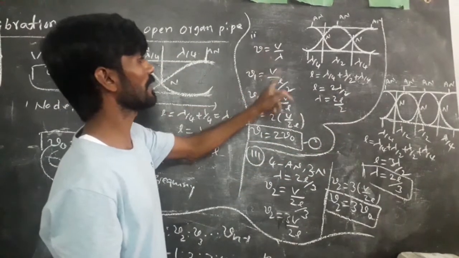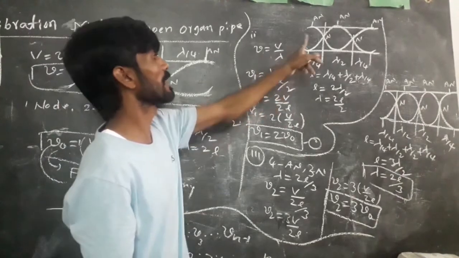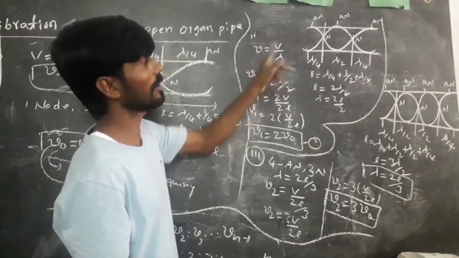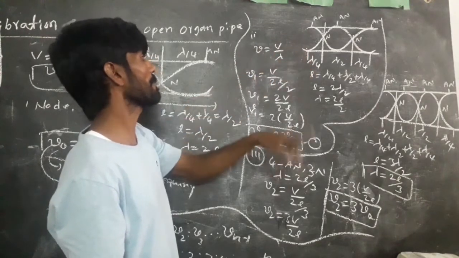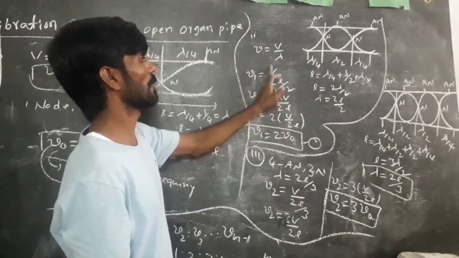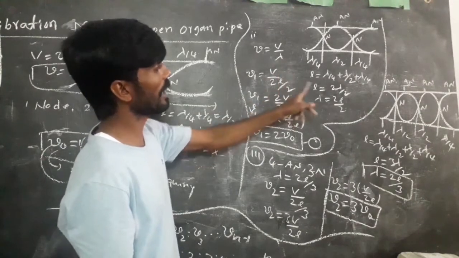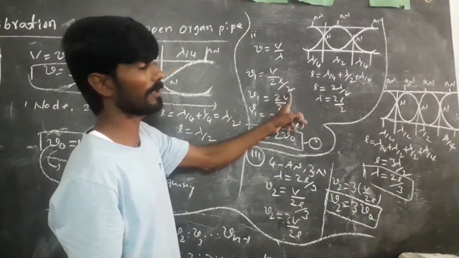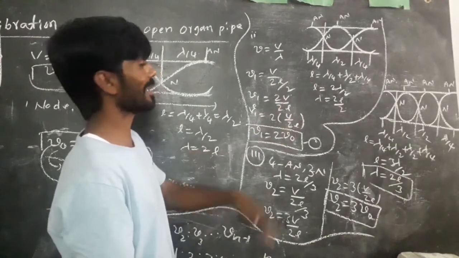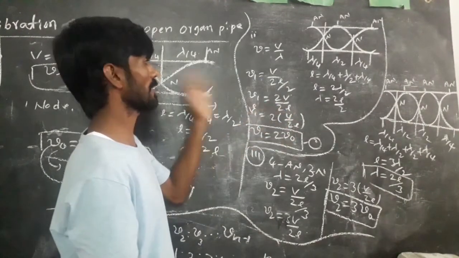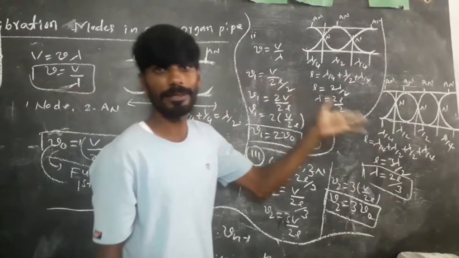Now I take the first overtone, so ν1 = v/λ, with λ = 2L/2 substituted. Then we get 2v/2L. Don't cancel the 2 by 2, because we have a relation, so just follow the relation terms.